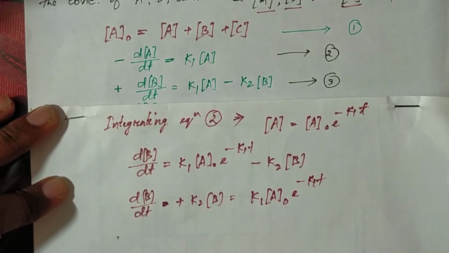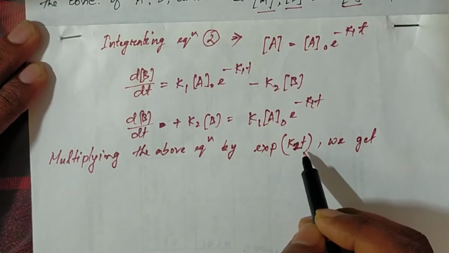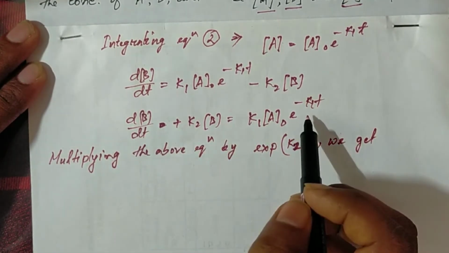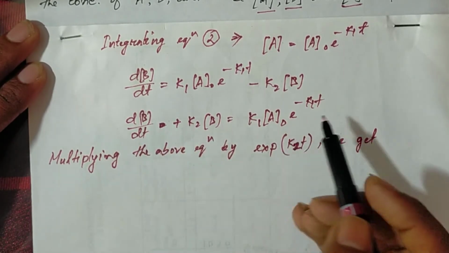Okay, next I will multiply exponential k2 t throughout this whole equation.